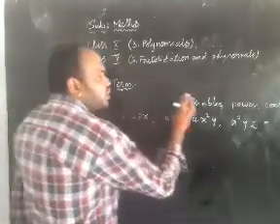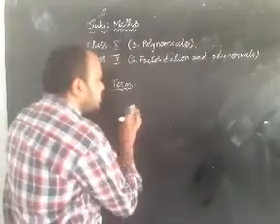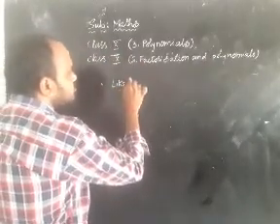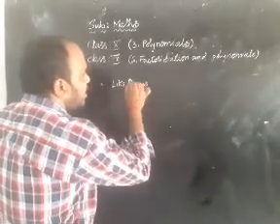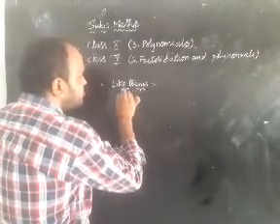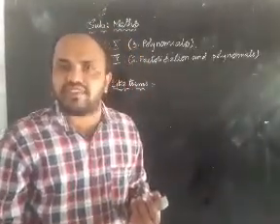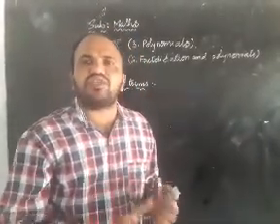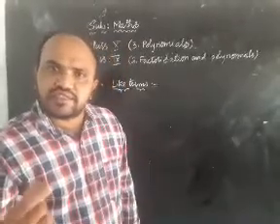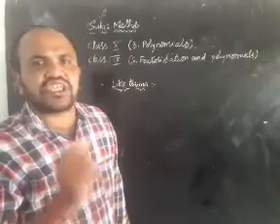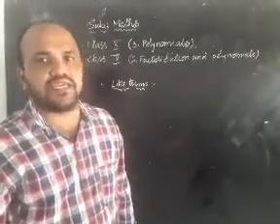We have two types of terms. Like terms: in like terms, the variable must be the same. The terms which contain the same variable and the same power are called like terms.